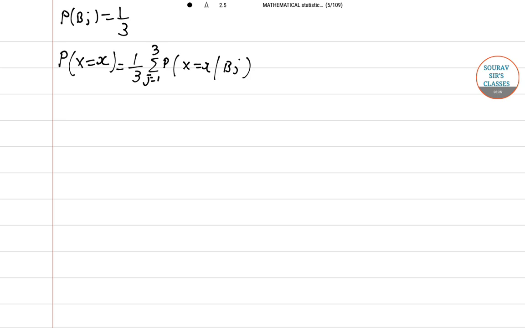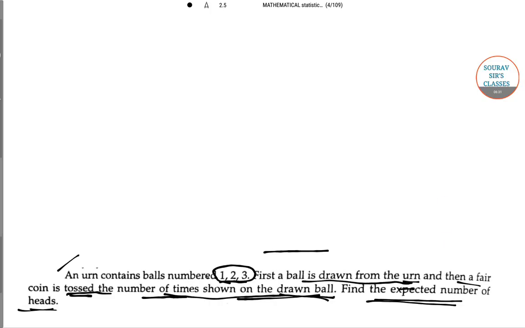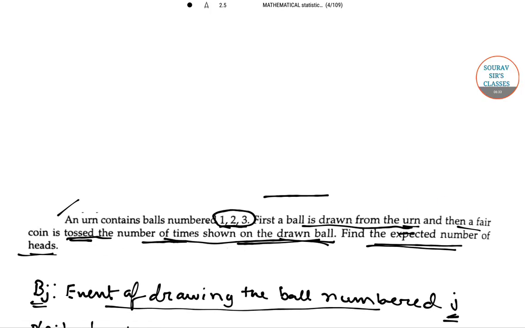If we go to the question, it was given that an urn contains balls numbered 1, 2, 3.